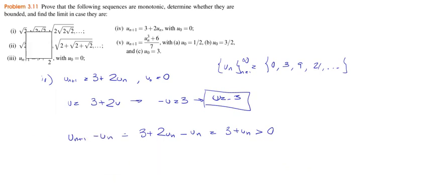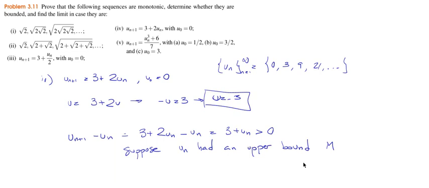u sub n plus 1 minus u sub n is positive. So suppose u sub n had an upper bound. Now u sub n is increasing and it has an upper bound, then our theorem says that u sub n would have to have a limit.